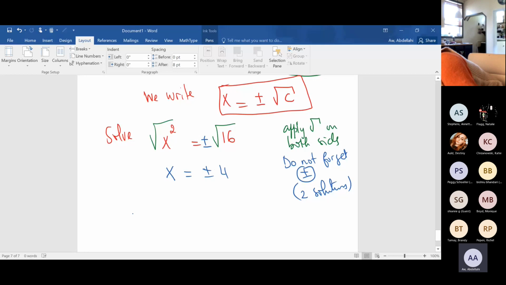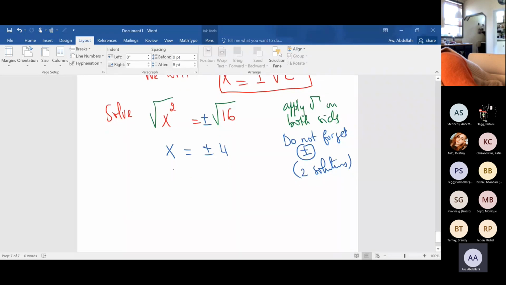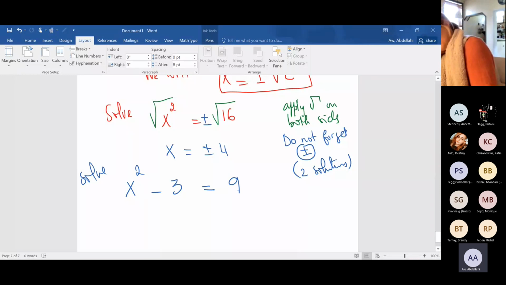So when you have this, and then we're going to close it out today. If you have x squared minus 3 is equal to 9, solve. I know I will have to apply square root on both sides, right? I know that. But am I ready to do that yet?